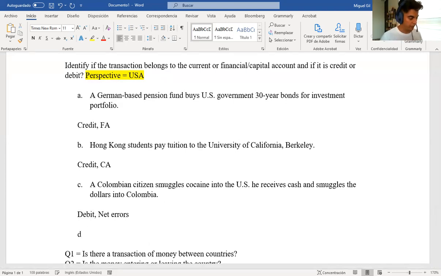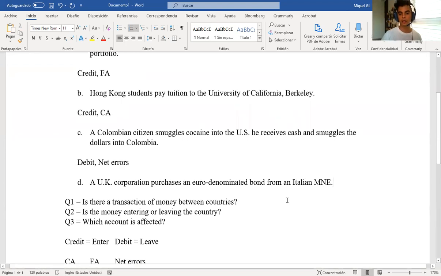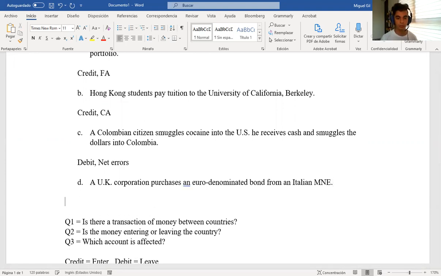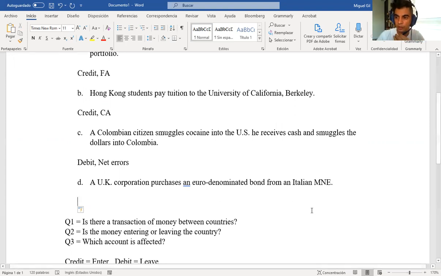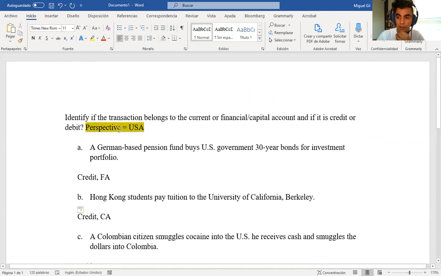And finally, I have another interesting example that we can use to classify. A UK corporation purchases a euro-denominated bond from an Italian MNE. So question number one, is there a transaction of money between countries? You can tell me yes, but is there a transaction of money between the country that I care about, the country that is my perspective, the US?